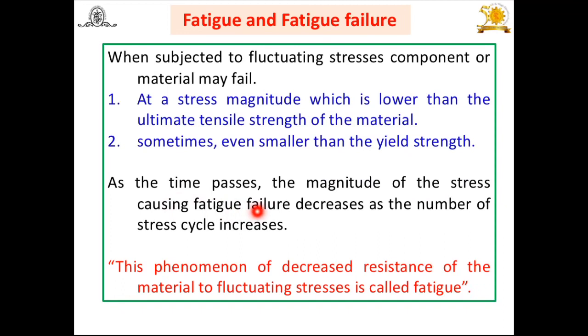The number of stress cycles means how many RPM cycles or million revolutions that component can sustain, and it is going to decrease as the number of cycles increases. This phenomenon of decreased resistance of the material to fluctuating stresses is called fatigue or fatigue failure. That is important. Try to understand and remember this.